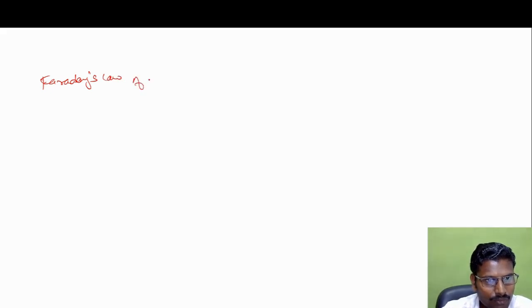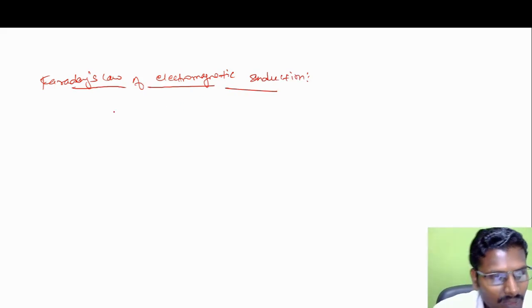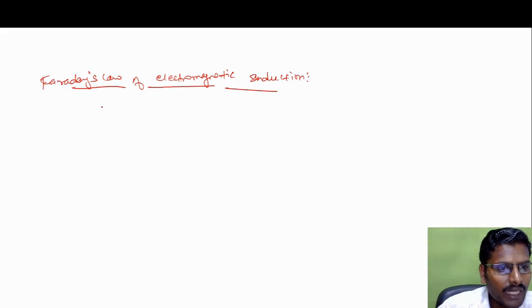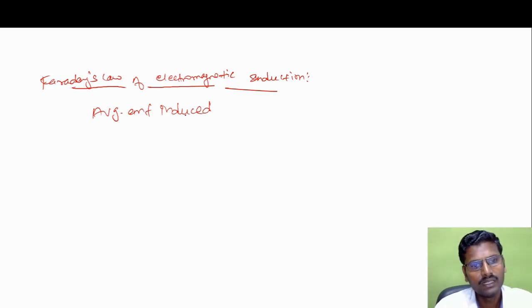So we already know that as per Faraday's law of electromagnetic induction, the average EMF induced in the generator is E equal to d phi divided by dt.